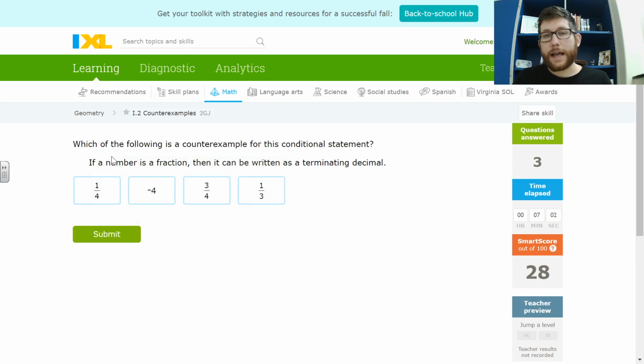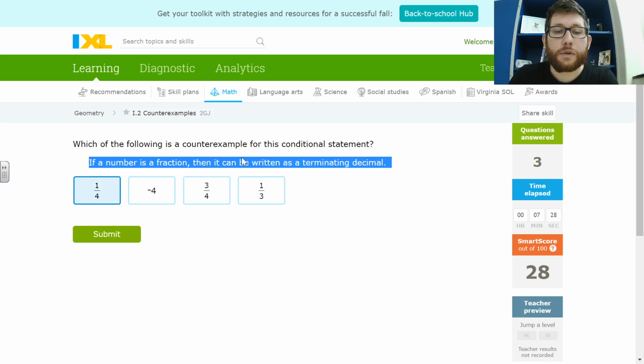Now, this is the last example here. Notice we can also do this with math. Some of these terms are things we had in Algebra 1, but maybe we've forgotten them, and that's okay. If a number is a fraction, so we're looking for fractions, so it could be this one or that one of those three, not -4, then it can be written as a terminating decimal.